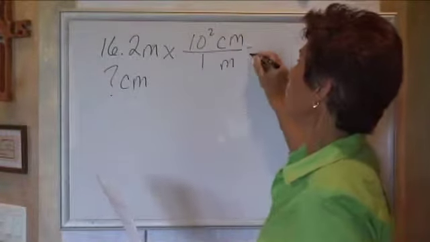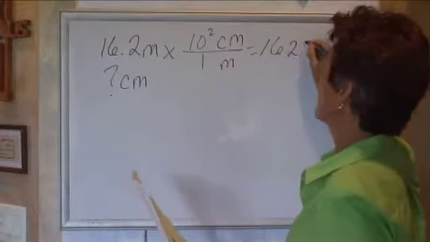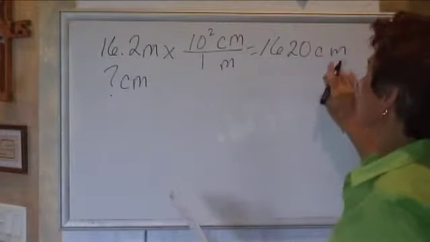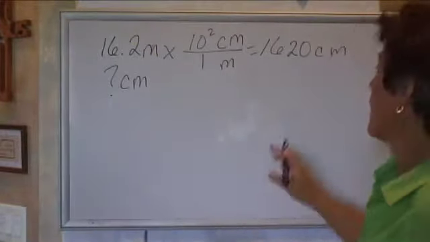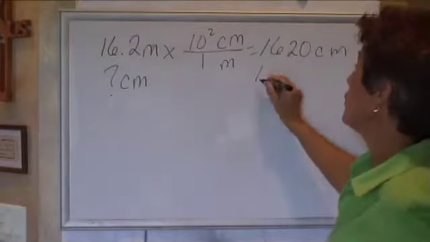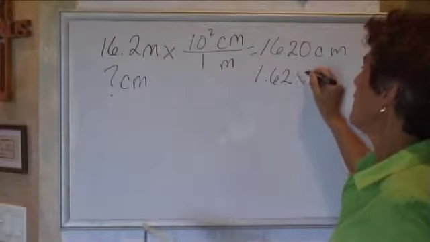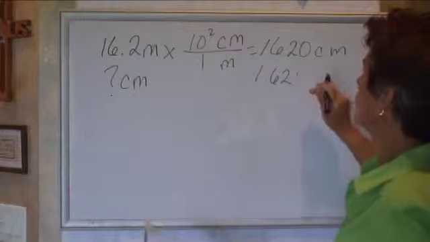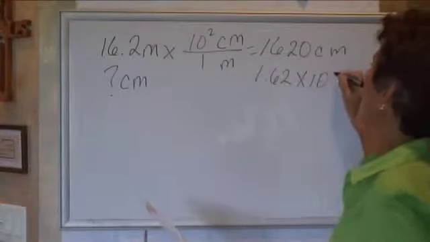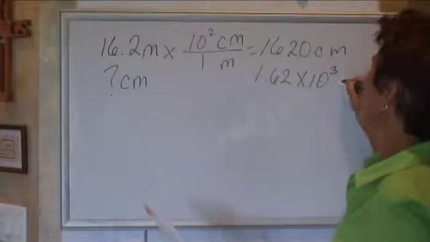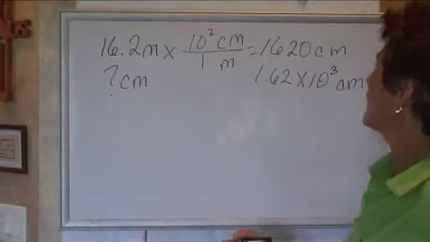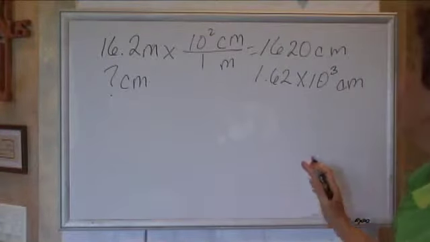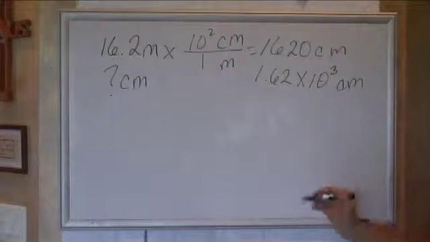This one gets 100, so that's going to give me 1,620 centimeters. And that is the right number of significant figures. You could have written it this way. Whoops. Yep, I was right. You could have written it this way. Either way would have been a correct answer, just so you know.